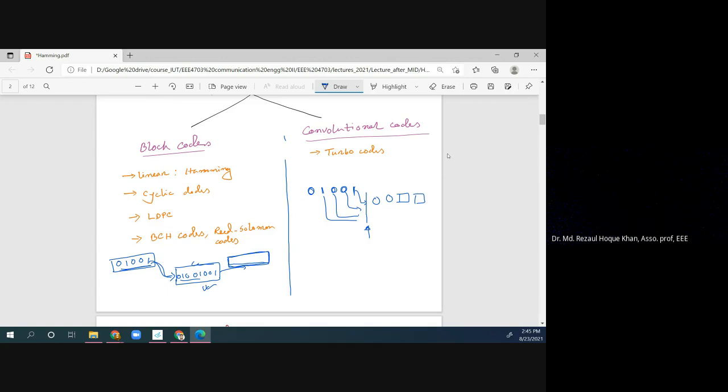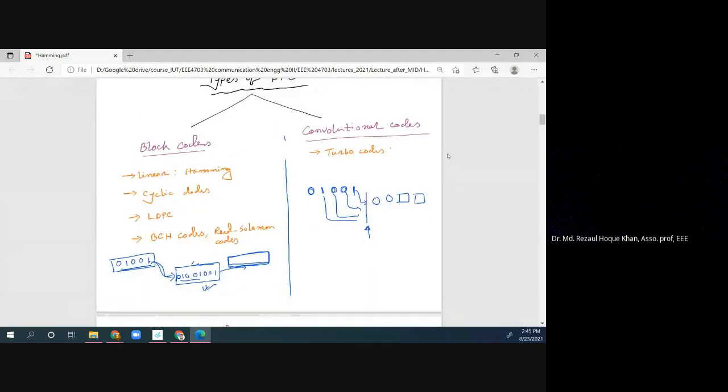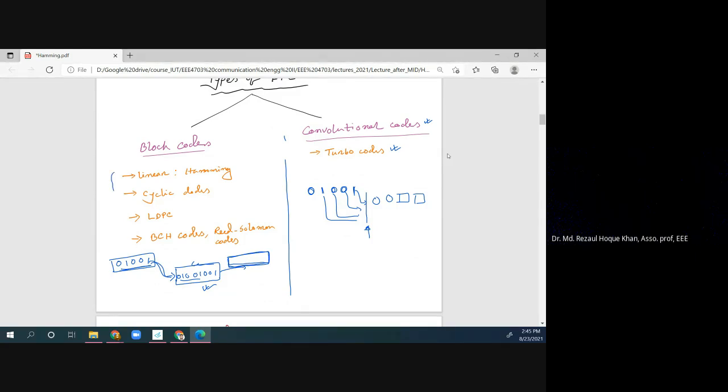Another kind of code is turbo code. Turbo code is not in our syllabus, so I have discussed convolution code in the uploaded lecture. Today I will focus more on block codes.